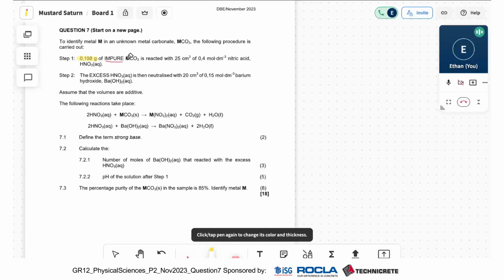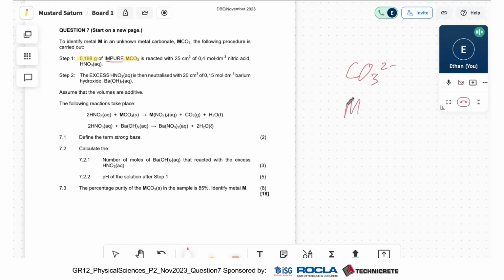This is also a bit of a clue as to this metal because we know that the carbonate ion exists as CO3 2 minus.